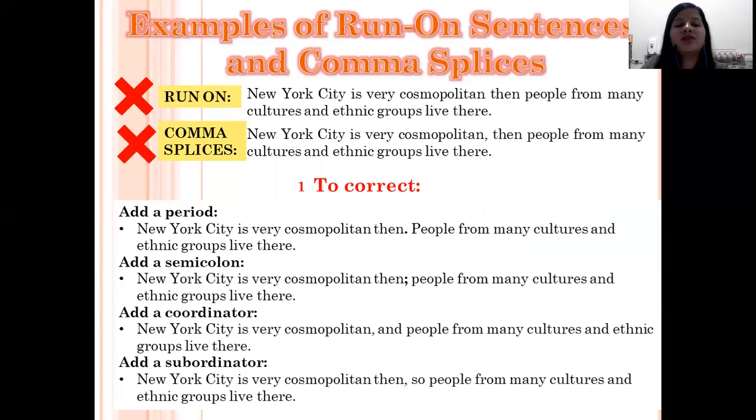For the first, add a period: New York City is very cosmopolitan. Then people from many cultures and ethnic groups live there. As you can see here, we have the semicolon and the coordinator, and also the subordinator.